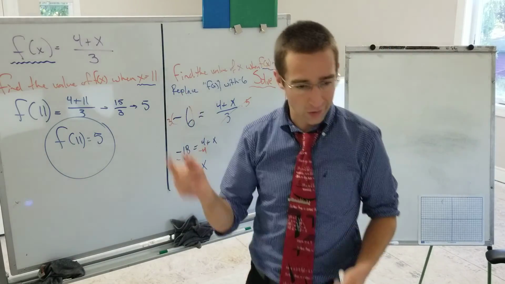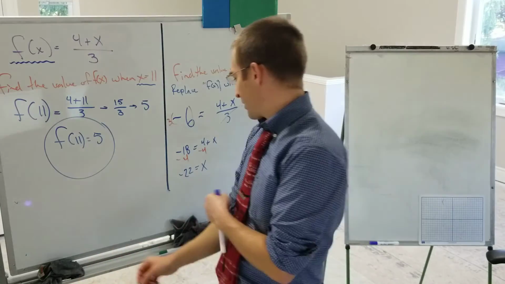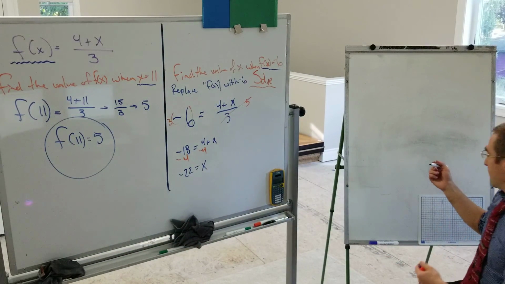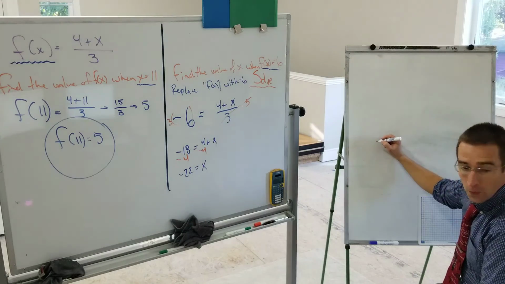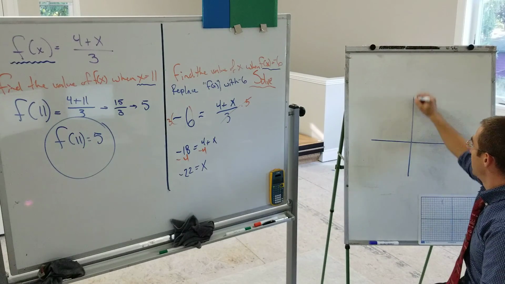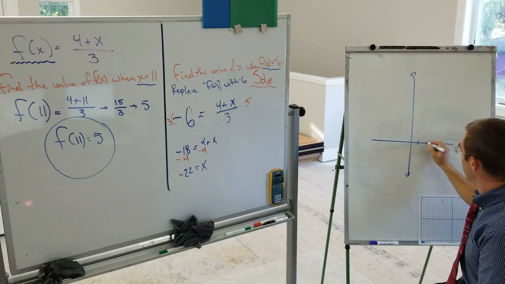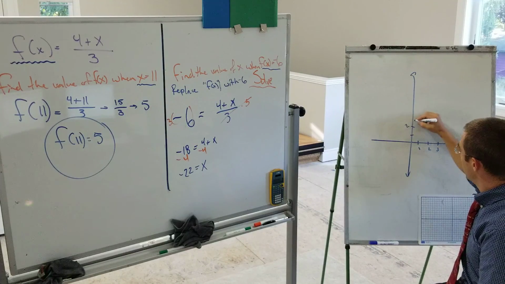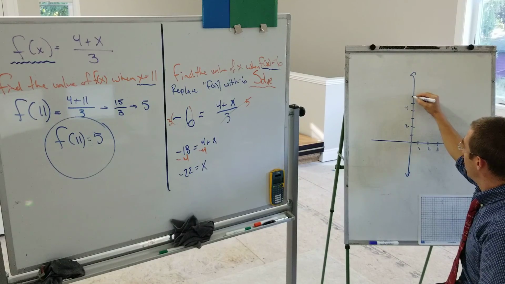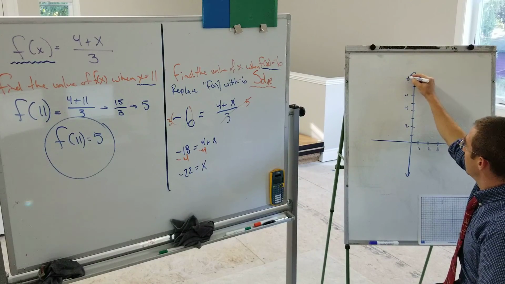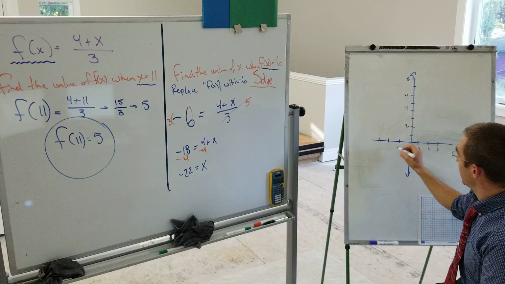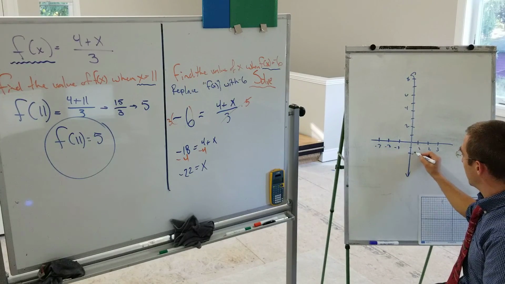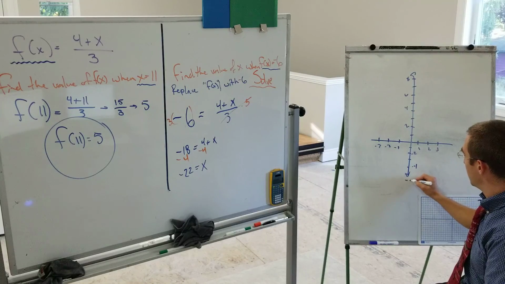All right, cool. Let's talk about some graphs. It's going to get graphic here. Let's say I have this graph of f. 1, 2, 3, 2, 3, 4, 5, 6, 7, 8, 1, 2, 3, -2, -4, -6.